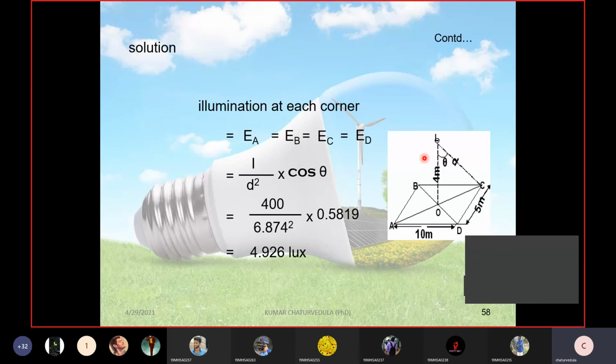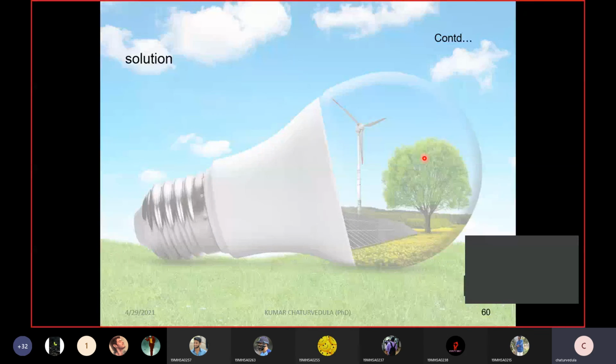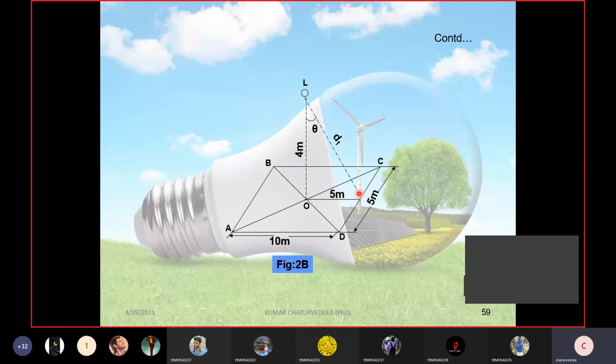Now the second condition is at a height of 5 meters. Here we are assuming this breadth of 10 meters is halved. Now, instead of the corner, we are looking at the center of the width. The distance between L and this point, let it be D1.